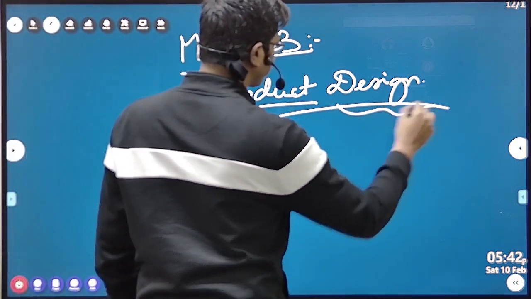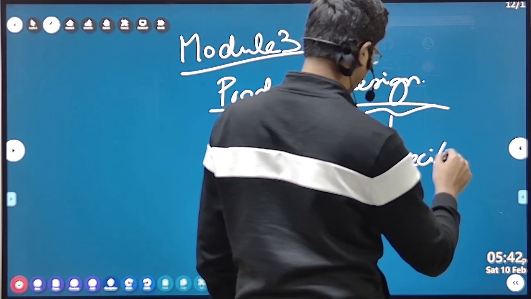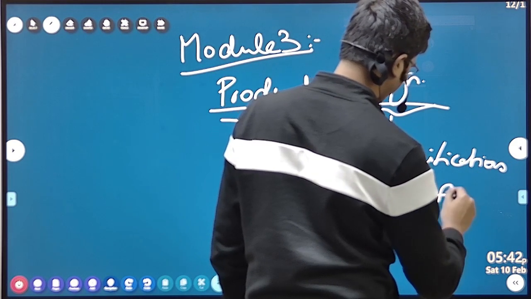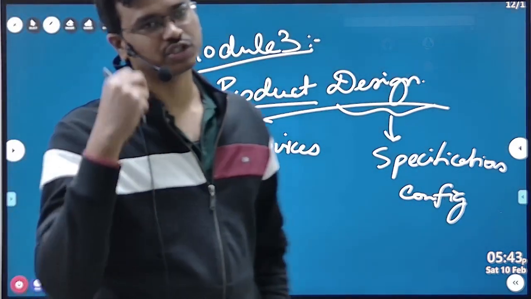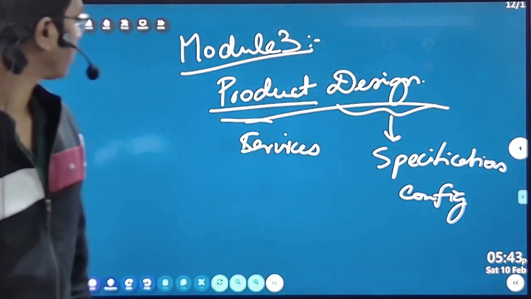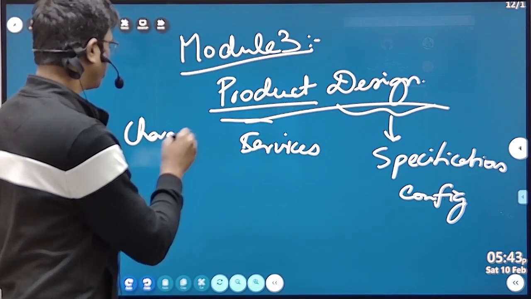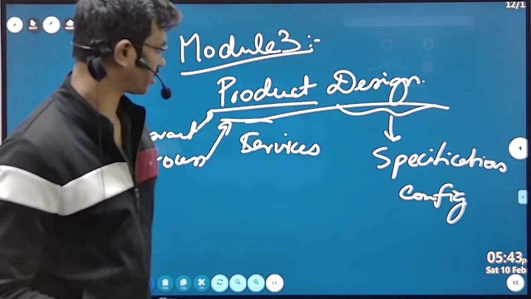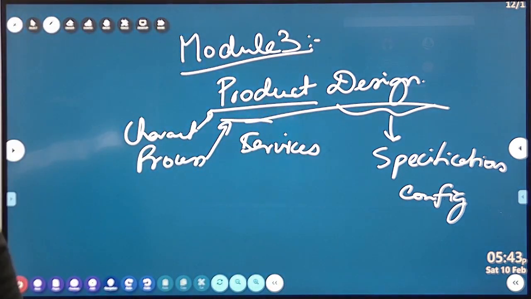Design is the specifications, or configuration, of a product. If today a company wants to introduce a new product into the market, what does the company have to do, what characteristics should its product have, and what process should it follow while designing the product? We will be looking at those processes.